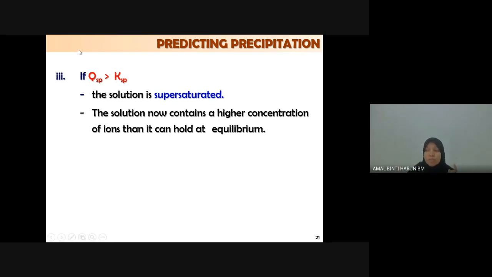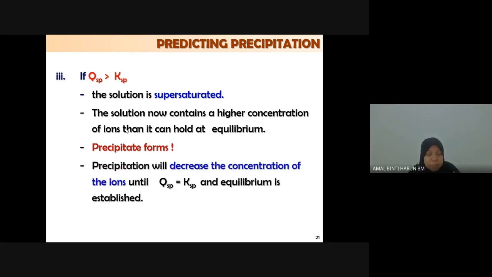So tengok kalau kita buat Q less than K, buat macam pacman tu, it will shift to the left. So bila pergi ke sebelah kiri adalah solid, that means it is a precipitate. So precipitate is formed. Precipitate will decrease the concentration of the ion until QSP equal to KSP and equilibrium is established.